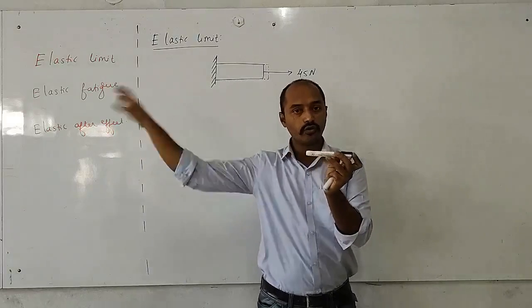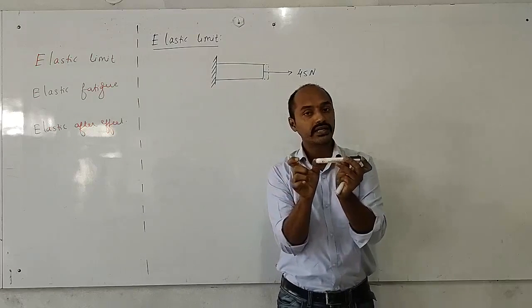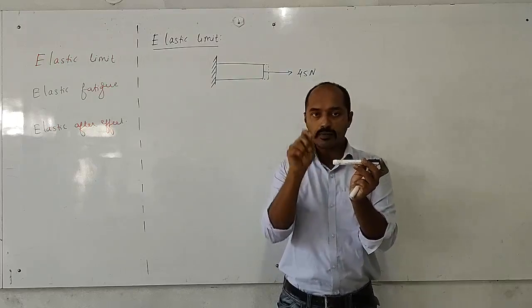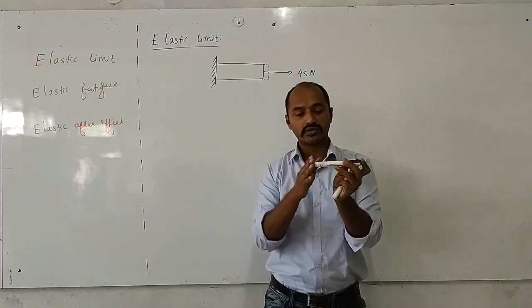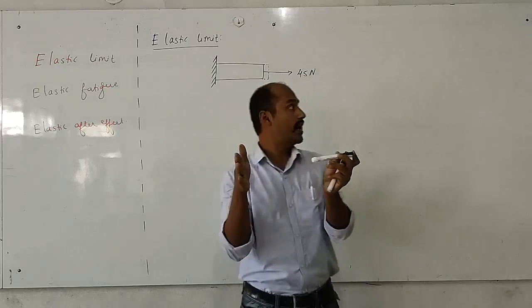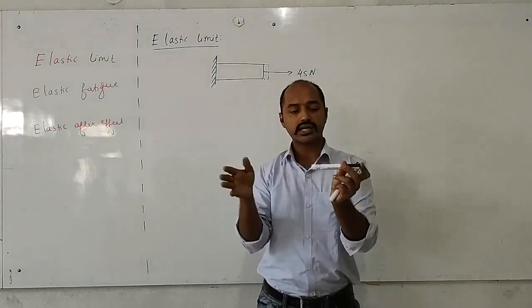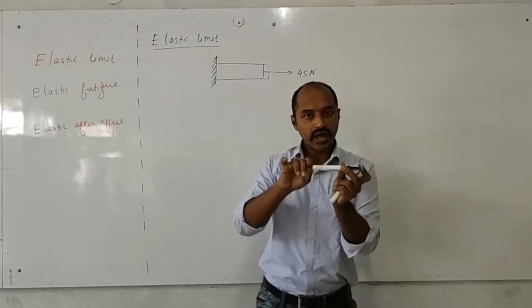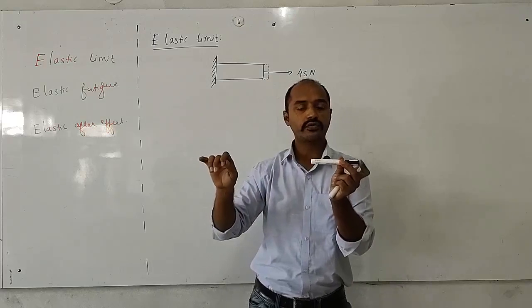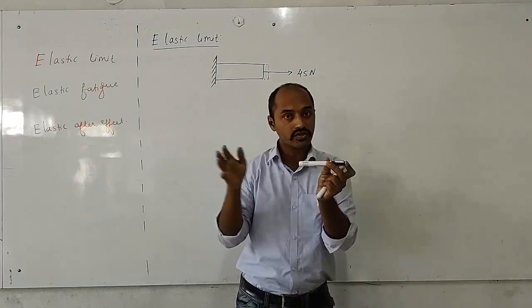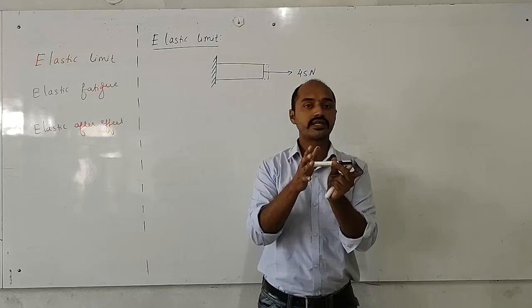When I remove the force, the body does not regain its original shape and size. Getting my point? So when I apply 25 Newton, it is coming back. With 35 Newton, it is regaining its original shape and size. When I apply 40 Newton, still it is regaining its shape and size. But once I apply 45 Newton and I remove the load, the body does not regain its original shape and size.